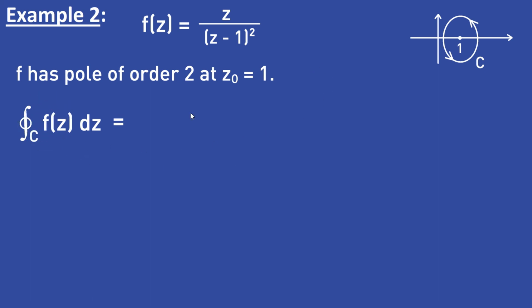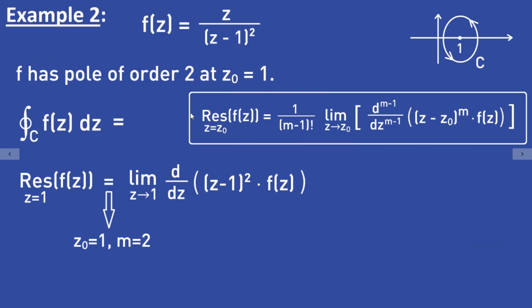First of all, we need to compute the residue of f at the pole of order 2 z is equal to 1. Here you can see the general formula for the residue at the pole of order m.